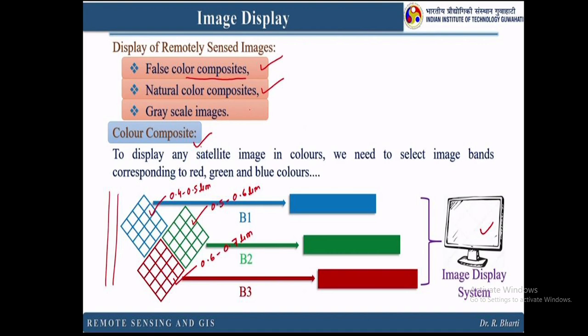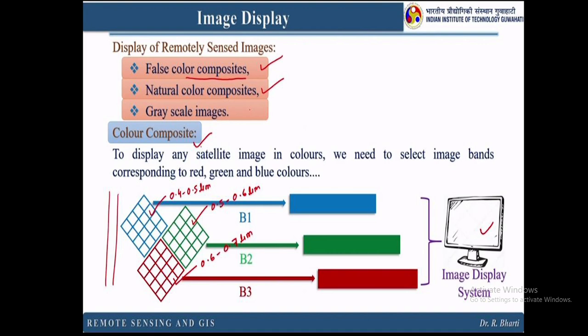The color composite definition is: to display any satellite image in color, we need to select colors corresponding to red, green and blue.